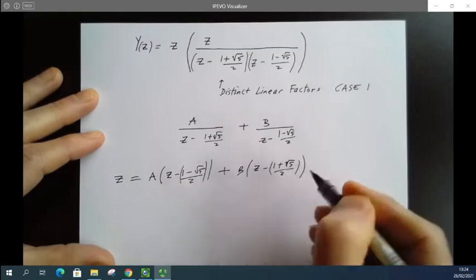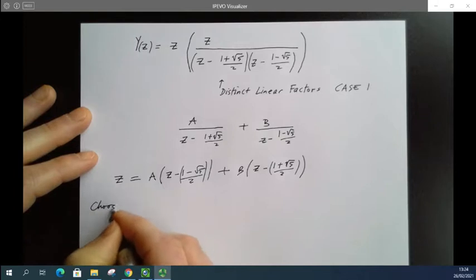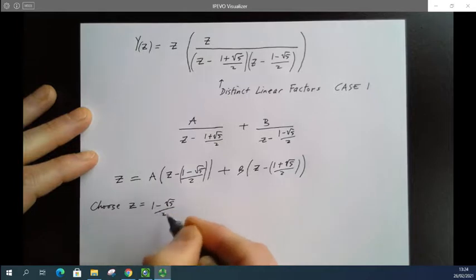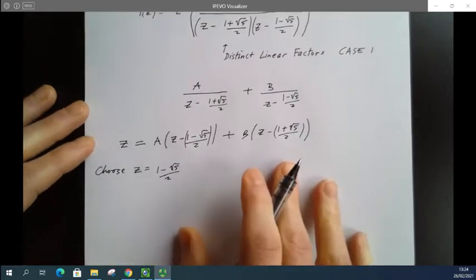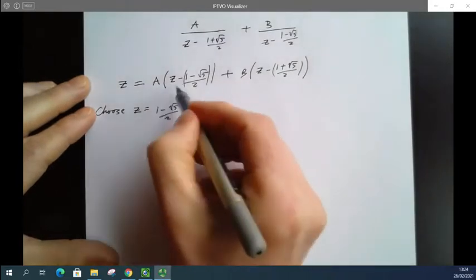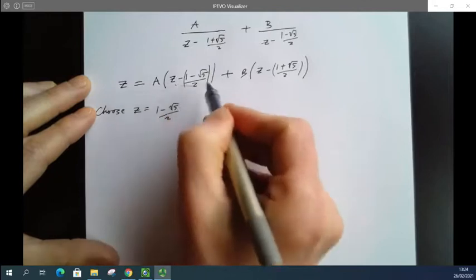And now we choose values of z. So I'm going to make z equal to this first, because I want this to disappear. This factor will disappear when z is that. It'll just be a times 0.